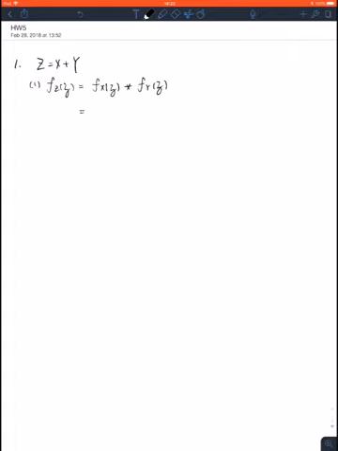Now we already know the density function of X and the density function of Y, so we can simply expand it as [u(z-1) - u(z-2)] convolved with [u(z) - u(z-1)]. And we can expand it like this.